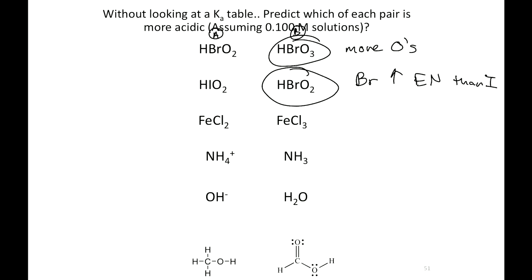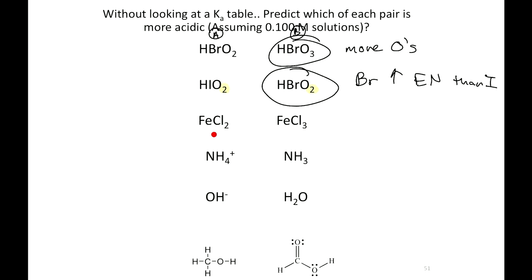And so the more electronegative central atom is going to stabilize that negative charge more. Notice how I make the number of oxygens the same, because that's the only way we could ask it. I couldn't change both the number of oxygens and the central atom at the same time. That's just evil. I just have to change one variable at a time.